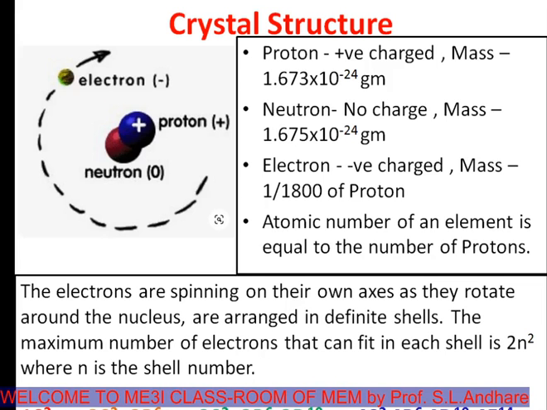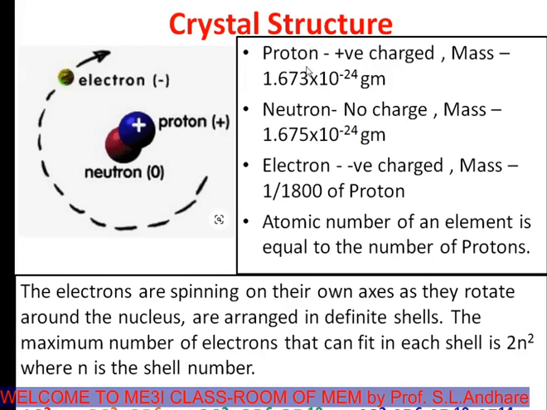As I have said already, protons are positively charged. There is no charge on the neutrons, while electrons are negatively charged. Protons and neutrons are further detailed here. Protons have some mass too. Neutrons have a little bit higher mass as compared to protons.